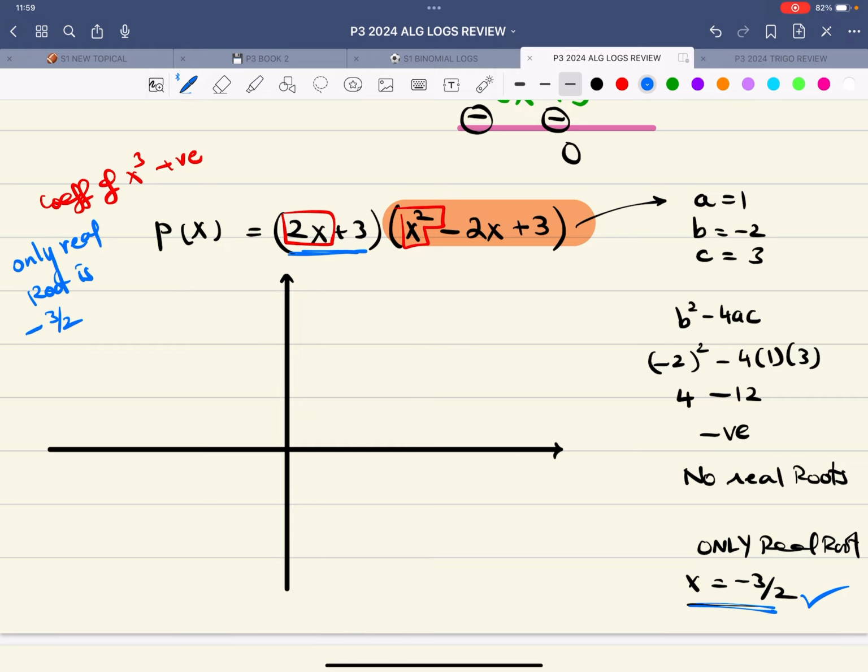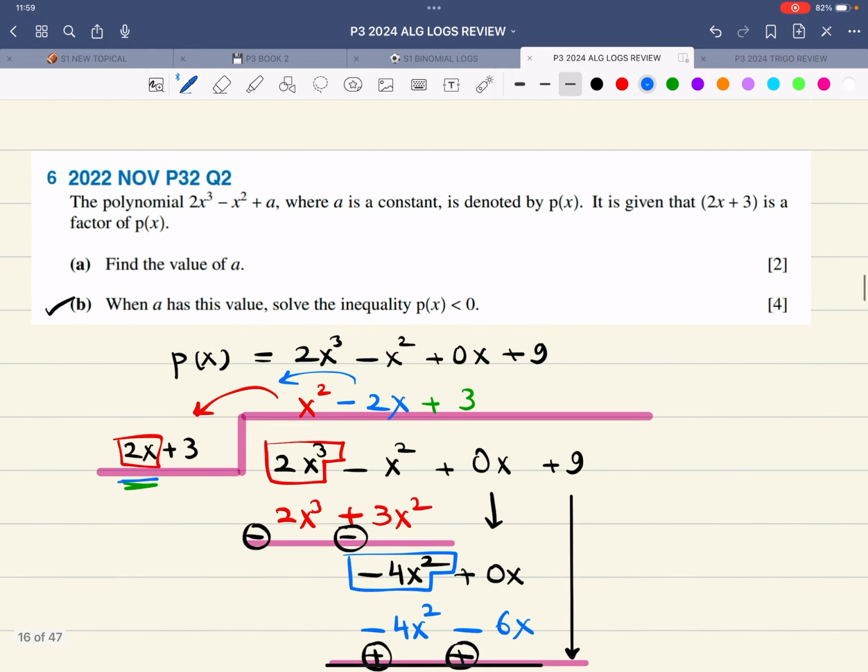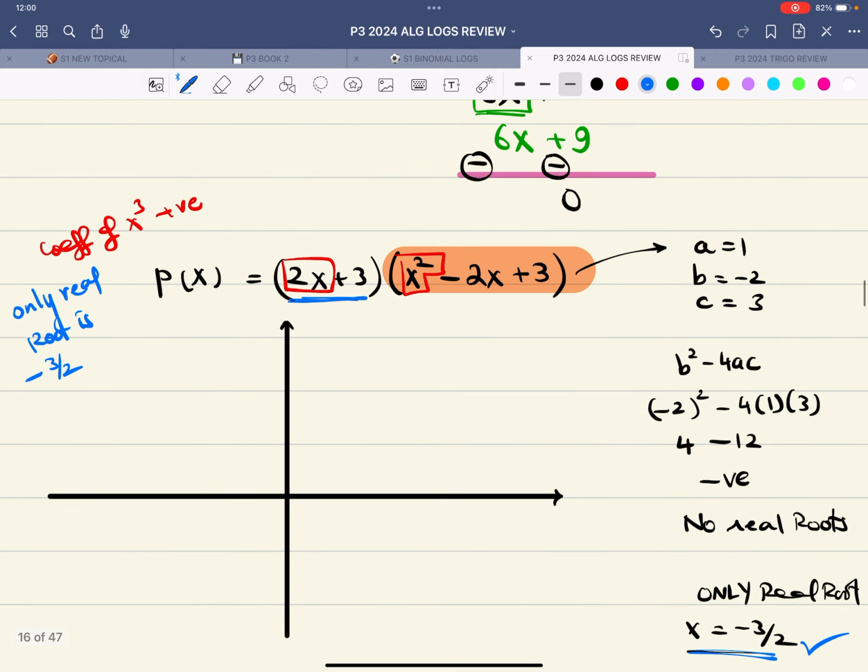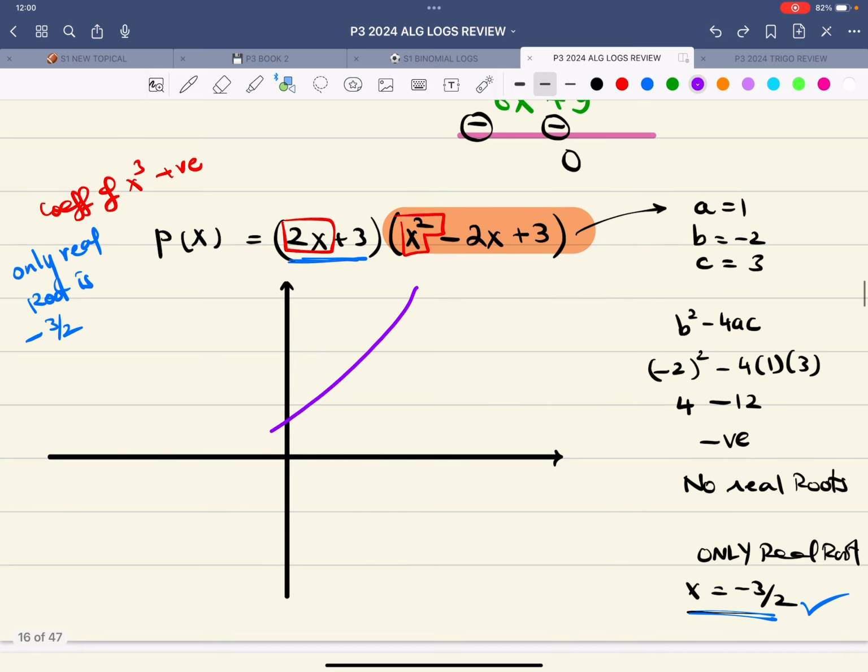So now this is 2x plus 3. Yes, it's 2x plus 3. So let me draw this line, and the graph will be something like this. Just giving you an idea. Something like this. And over here, let me mark this point, that is negative 3 over 2.